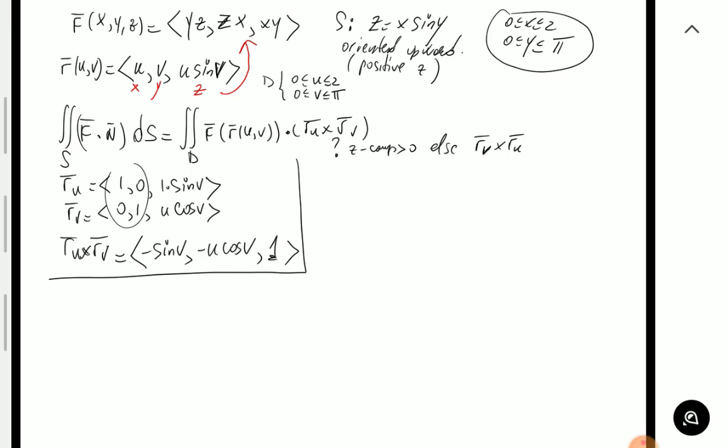So now this double integral becomes of yz, which is now uv sine of v, zx becomes u squared sine of v, xy is u times v, and then this is dot product with r_u cross r_v, which is minus sine v, minus u cosine v, 1, dA.